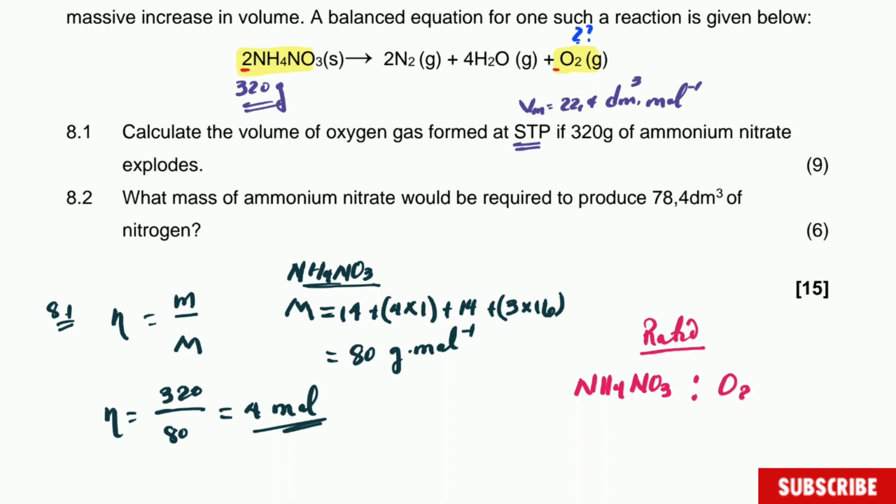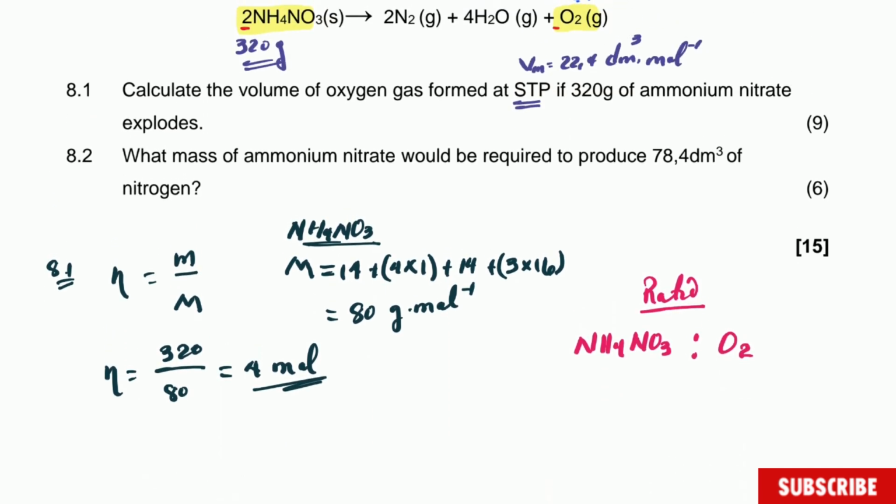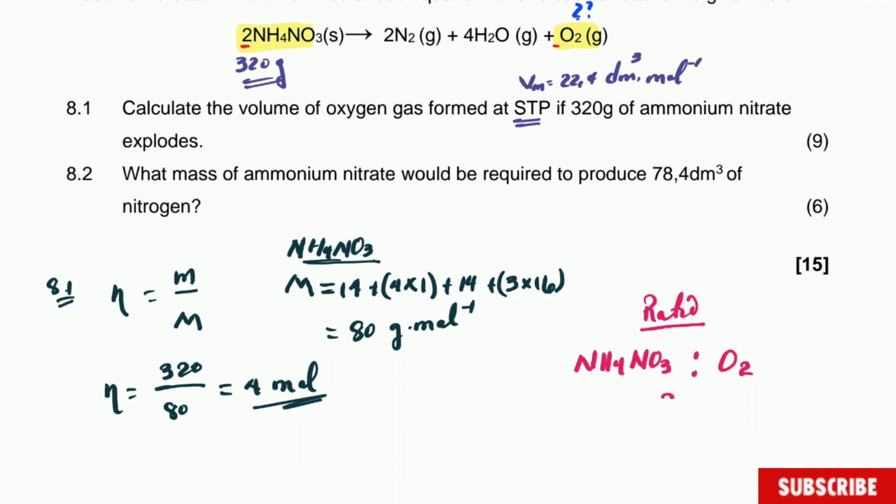I always write the two substances involved in the ratio, and the ratio, as you can see, is 2:1. It means that if you have 4 of ammonium nitrate, you will produce half of that amount.